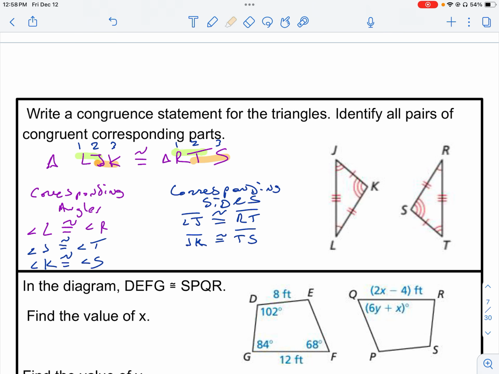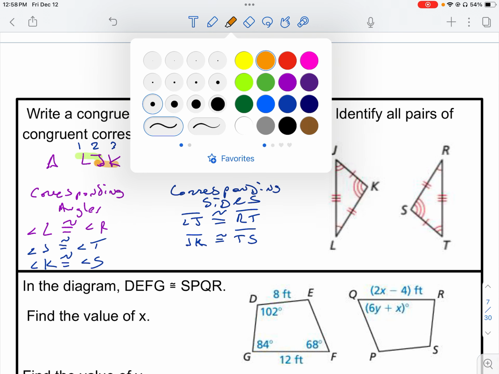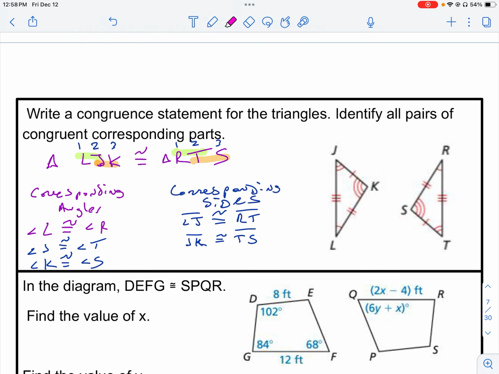And we're going to continue like that all the way down the figure until we get to the very end, and then we're going to do first and last. So side LK is congruent to side RS. And that's the way we do congruent statements. That's the way we match up the corresponding parts of congruent figures.